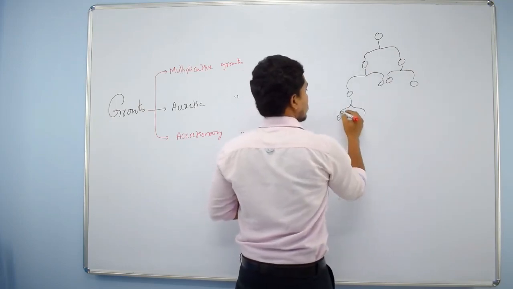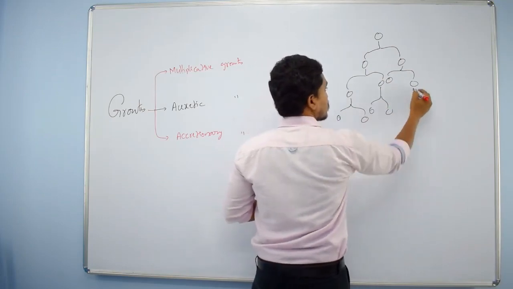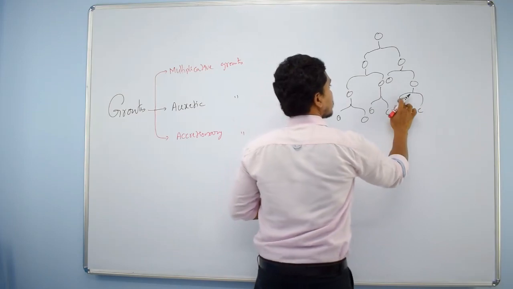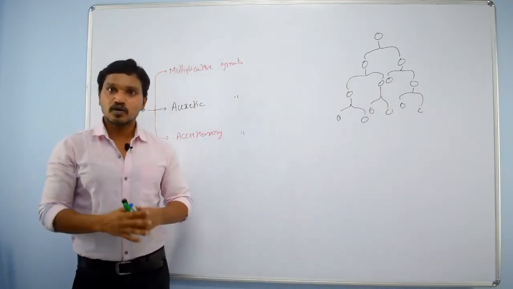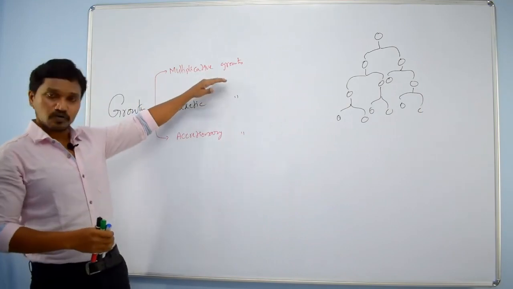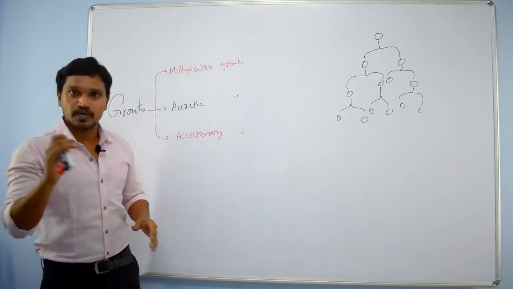These four cells again undergo cell division and produce 8 cells. So what is happening here? Increasing the number of cells so that growth will happen. That type of growth we call multiplicative growth, and this type of growth is most common.